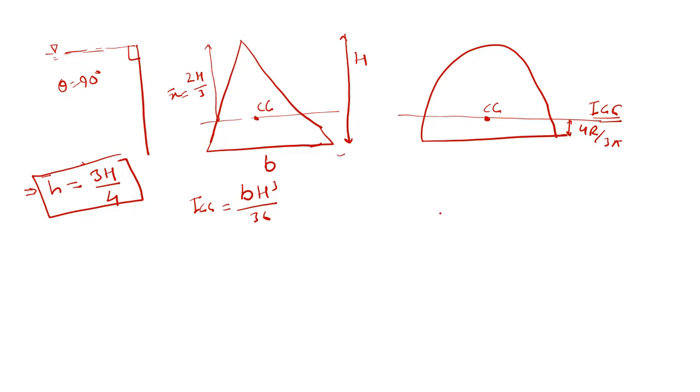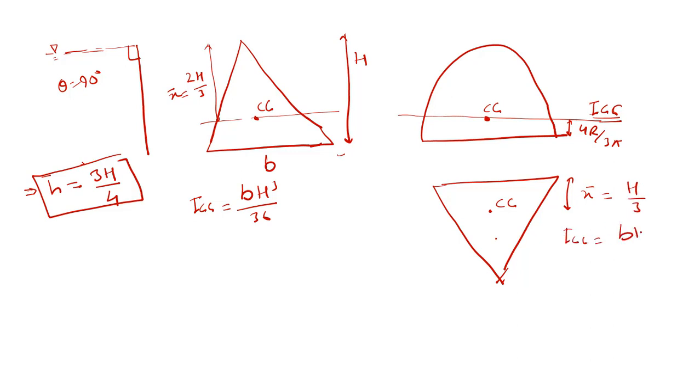Similarly, if it is a triangle, it can be inward also, right? This way. So what is x bar here? This is the CG. So x bar is h upon 3, and Igg remains the same, that is BH cube by 36. Okay. Let's suppose this is a complete circle.